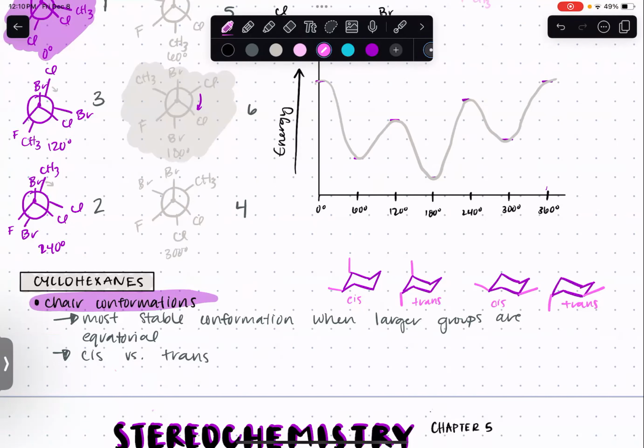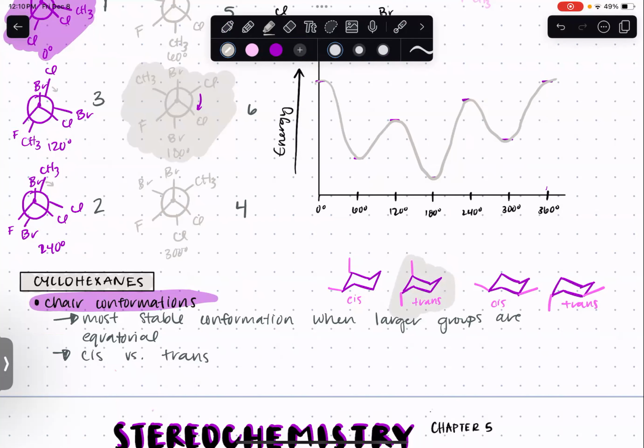Because if we're looking at this one versus this one, this one is the more stable because this one has the option for both of my things to be equatorial.